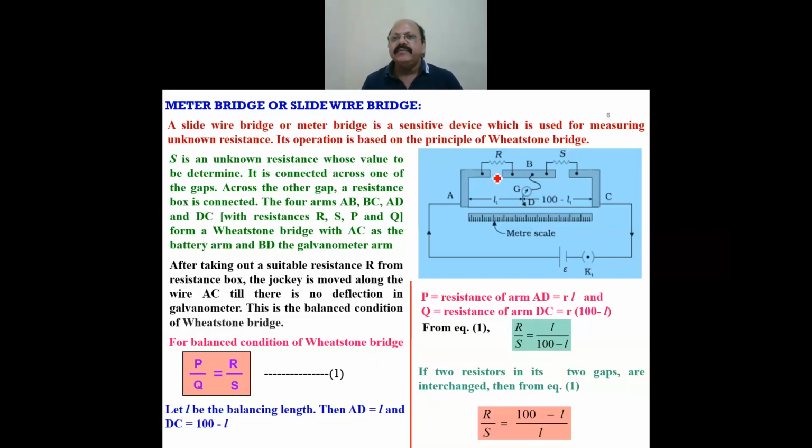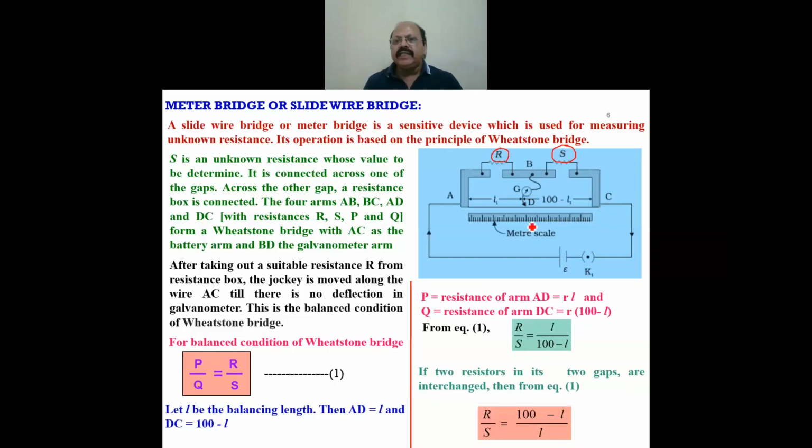Now there are two gaps here, in which we have to connect, in the first gap, a resistance box, that is the known values we can take from here, and here this S is the unknown resistance which is going to be determined.